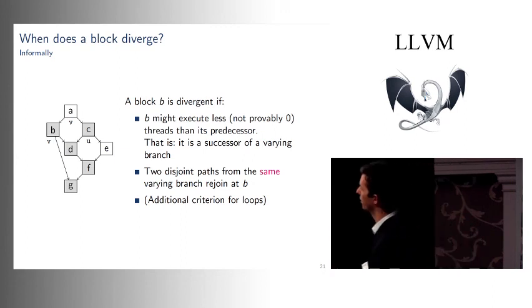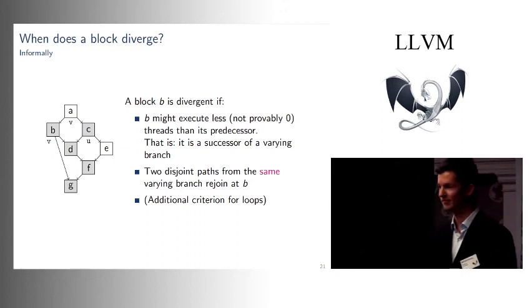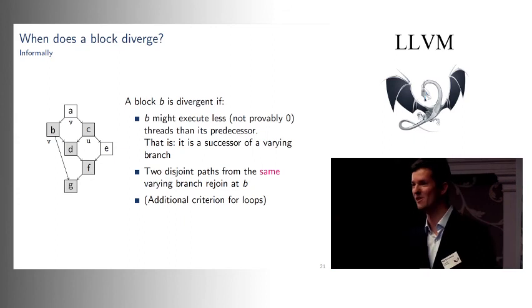So, for example, in block F, you have a path from the false branch in A through blocks C and E to F, and you have a different disjoint path from A over the true edge through B and D to F. Might not be entirely clear, but that's the definition, and that is what is working.